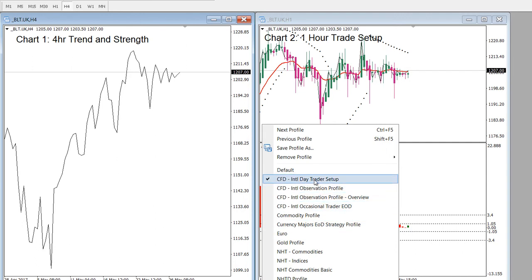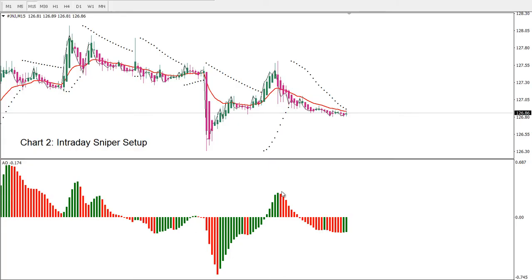They'll see if there are any trades coming up for today, and then you get the intraday sniper, which means we go on to a smaller time frame and look for possible trades. So we're looking at a setup now. This is Johnson & Johnson that we're looking at for an example.